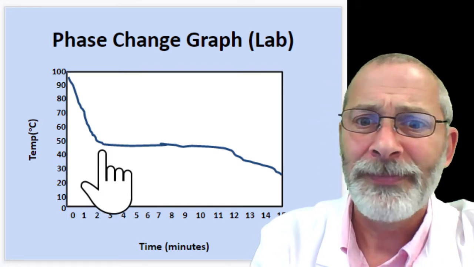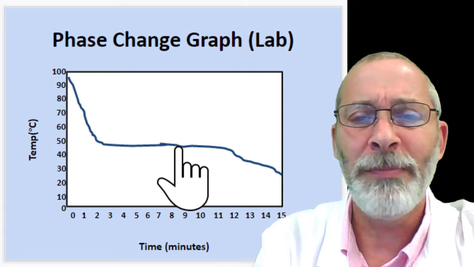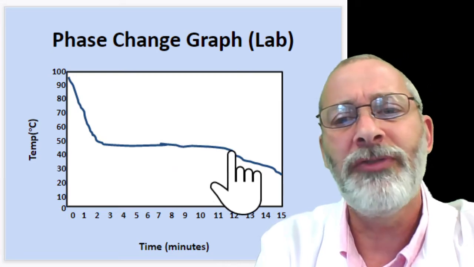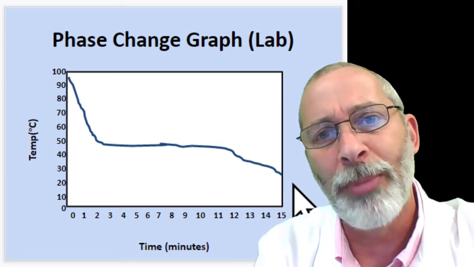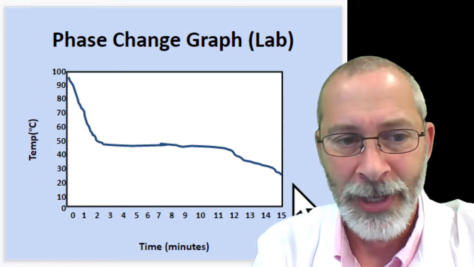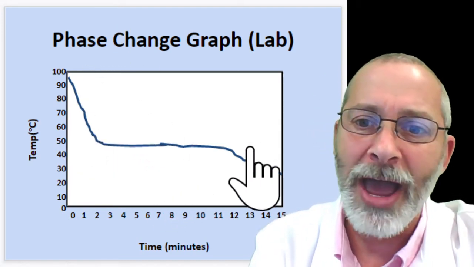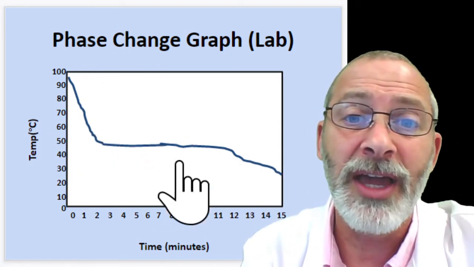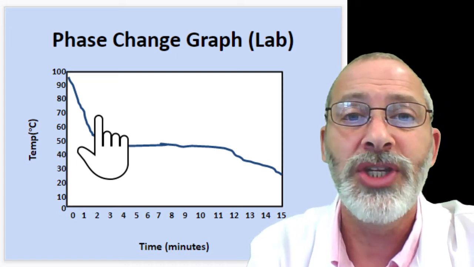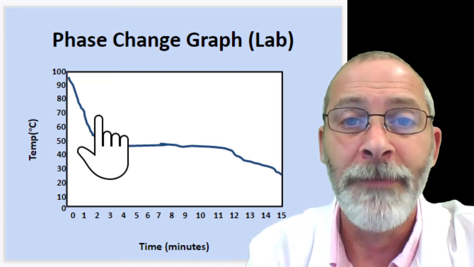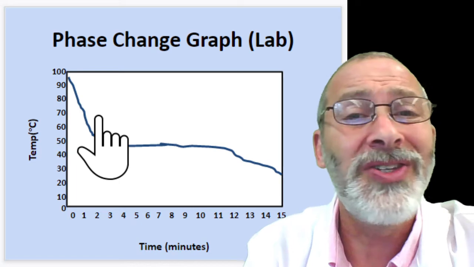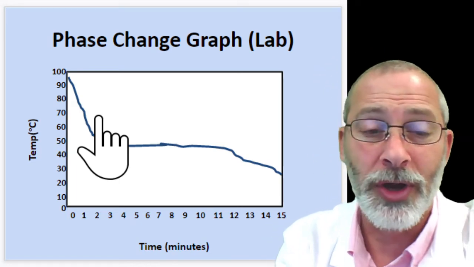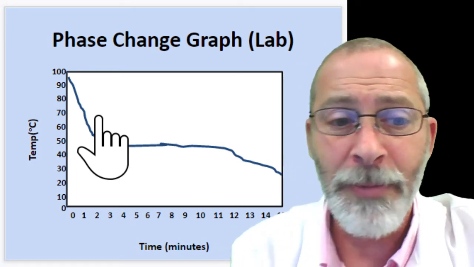And then there was no change in temperature for quite some time before it started to drop off again. So your line graph should look something like this. This is a phase change graph, or to use the British term, a state change graph like we saw in the video. But I have a couple questions for you.